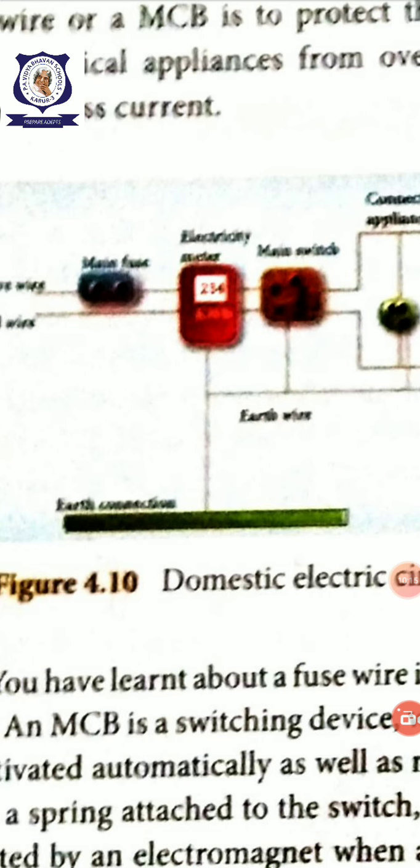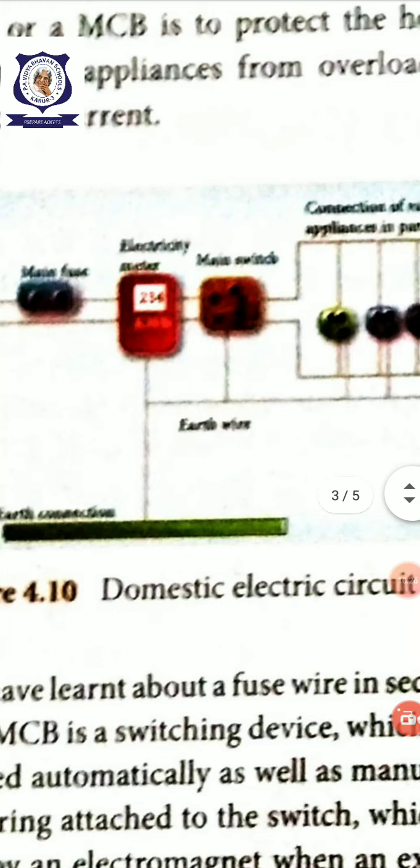Why are we using the fuse carrier? When excess current flows through the circuit, it may damage all the appliances in the circuit. To avoid that, the fuse melts immediately. The material of the coil is made up of lead and tin. It's an alloy of lead and tin.